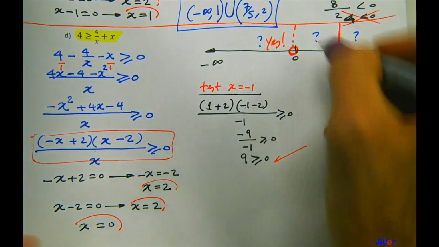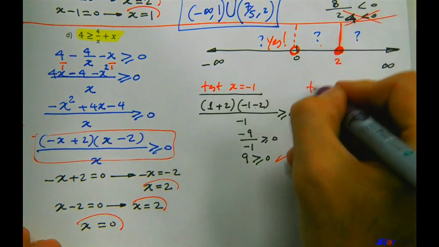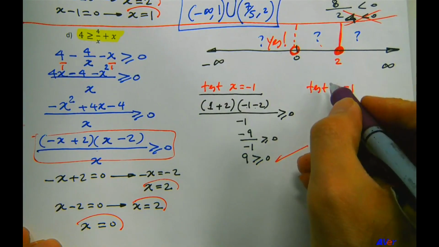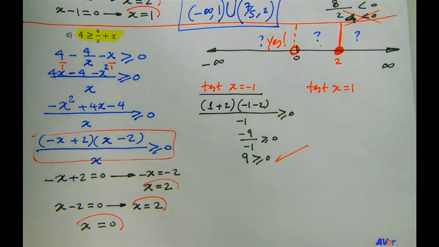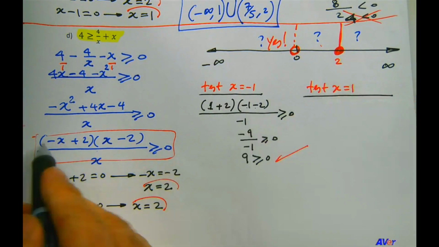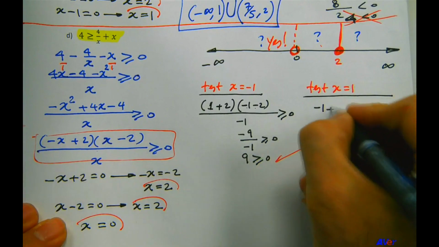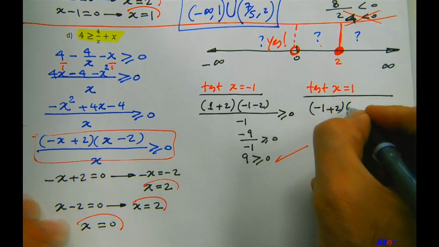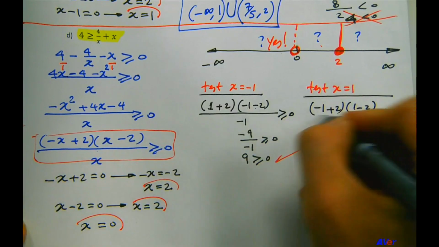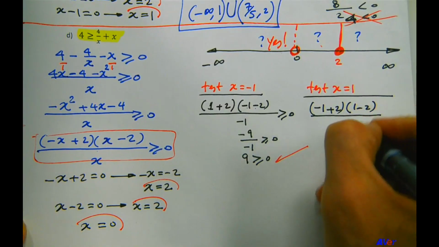Now let's pick a number in this region. So test an easy number like 1. Let's plug in here. So minus 6 would be minus 1 plus 2 times 1 minus 2 divided by 1, right?